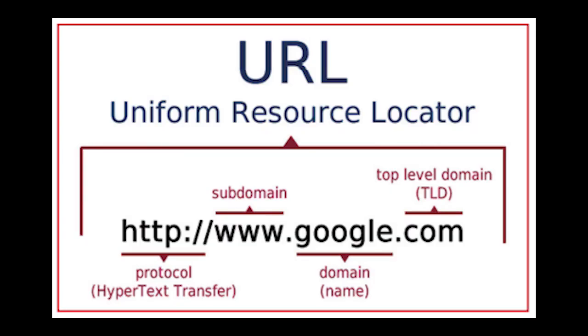Next, let's see what is a URL. URL is Uniform Resource Locator. Every server on the internet has an IP address, a unique number which consists of 4 parts separated by dots, right? We have an IP address in our system also. It will be like 128.143.22.55, some numbers like that.